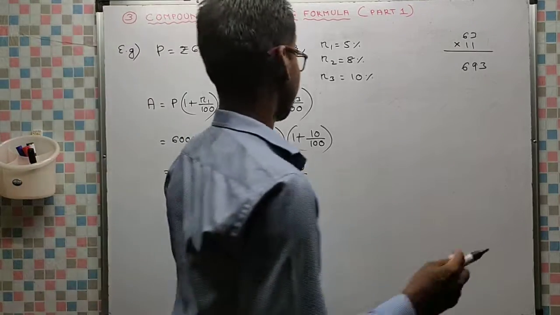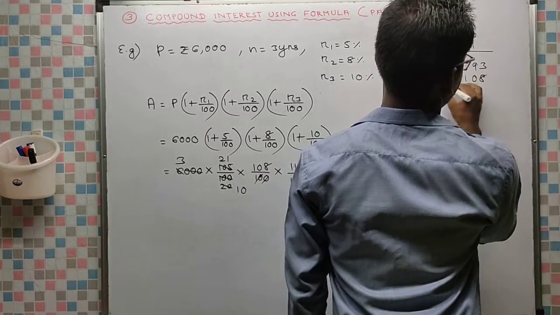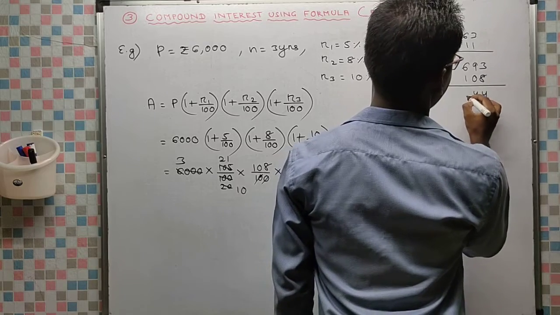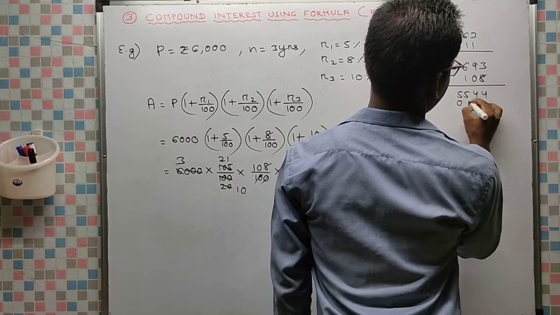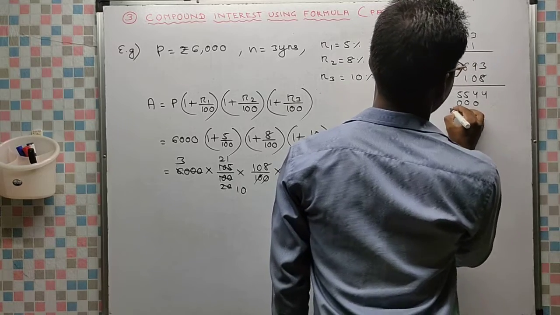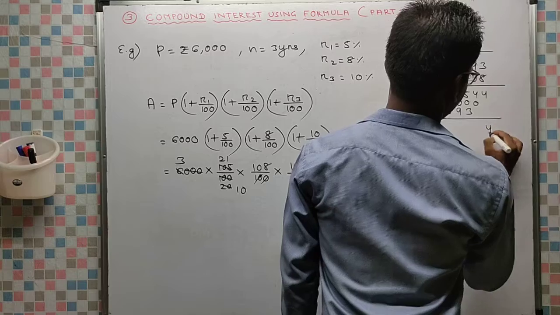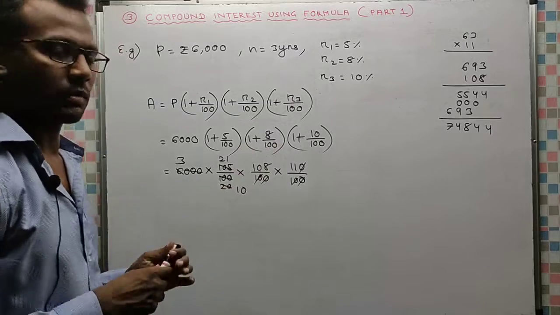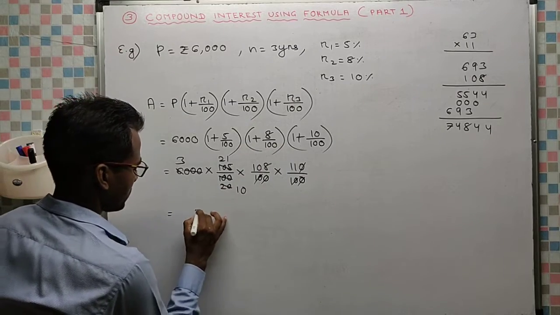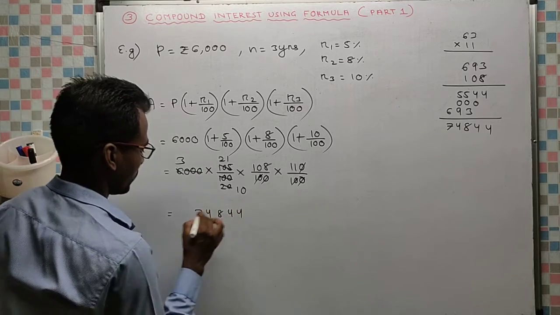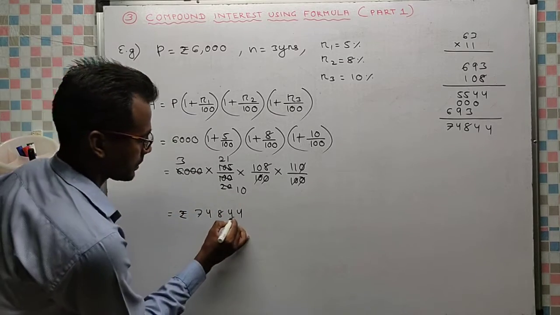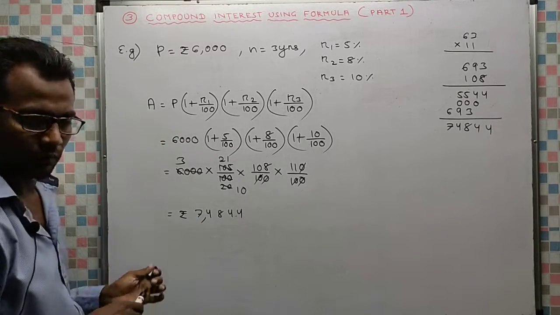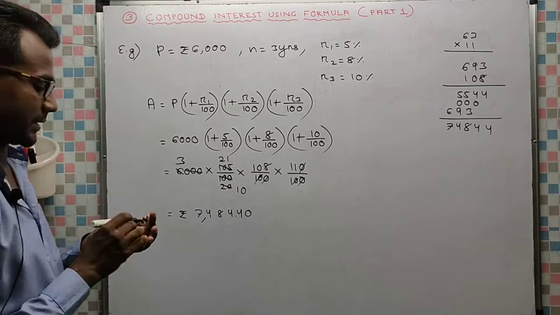Then 108. 108 times 693 gives 74844. Which is equal to 74844 by 10. So here I am putting the decimal. 7,484 rupees and 40 paise.